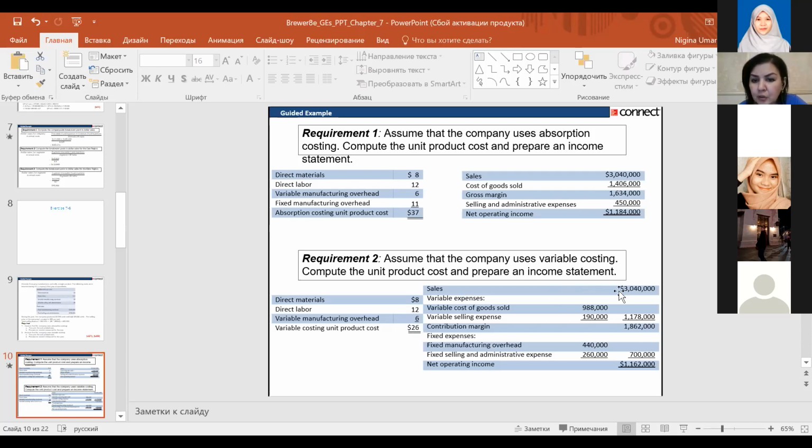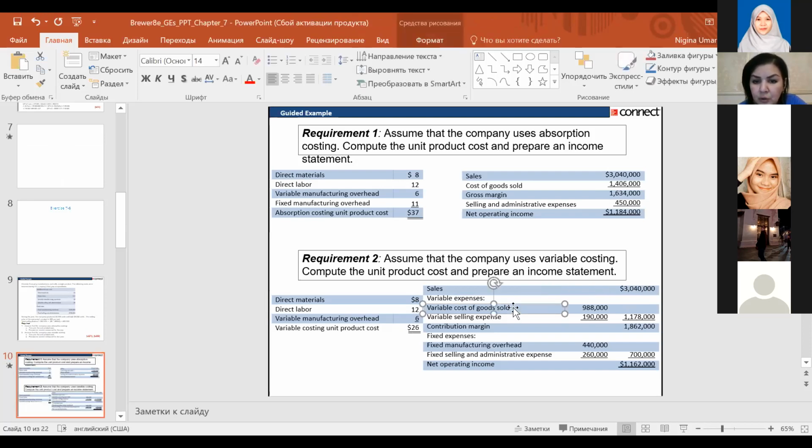So now the income statement. Sales revenue is the same. Variable cost of goods sold: how do we know this? $26 multiplied by 38,000 units sold. And we subtract also variable selling expenses, so $5 multiplied by 38,000 units sold. Total variable expenses we subtract from sales revenue, and we get contribution margin.